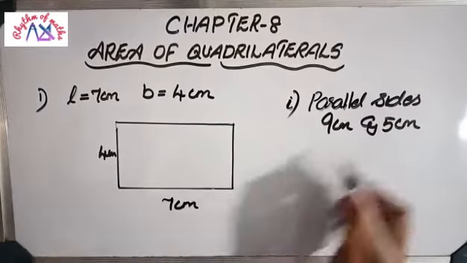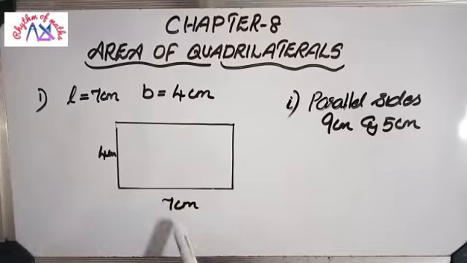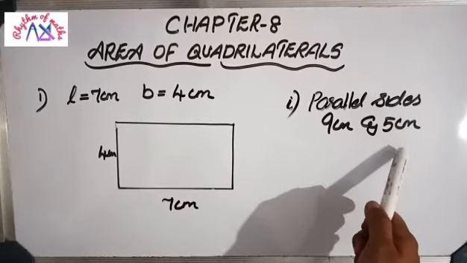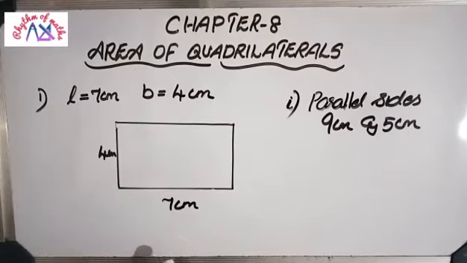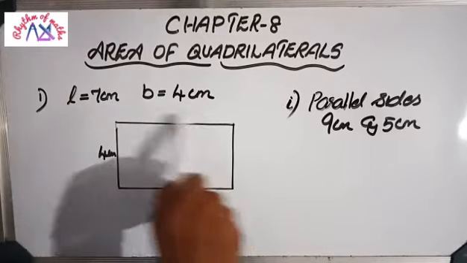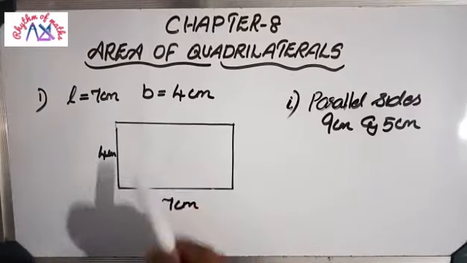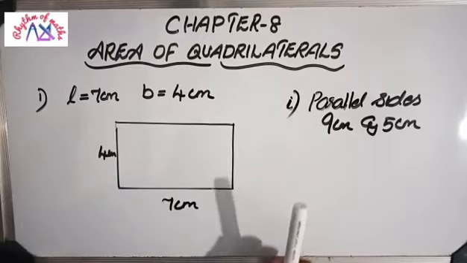Parallel sides means the upper part and lower part must be 9 cm and 5 cm. Here already 7 cm, and the upper part also 7 cm because it is a rectangle, and the area must be the same also.